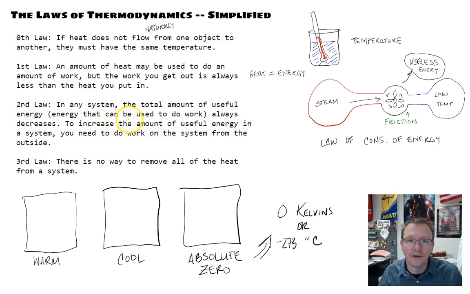And so it's kind of a cool idea. This is one of the philosophical implications, so I guess I'll mention it here. If you think about the universe as a system, the universe had all ordered energy, or all useful energy, at the beginning in the Big Bang, and then over time it has gotten less and less useful. And so as a result, there will be a point, billions and billions of years into the future, where all of the useful energy becomes useless.